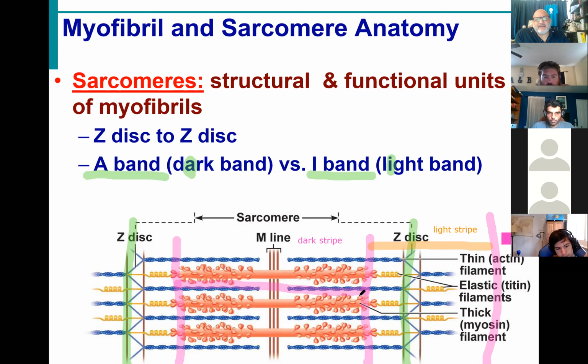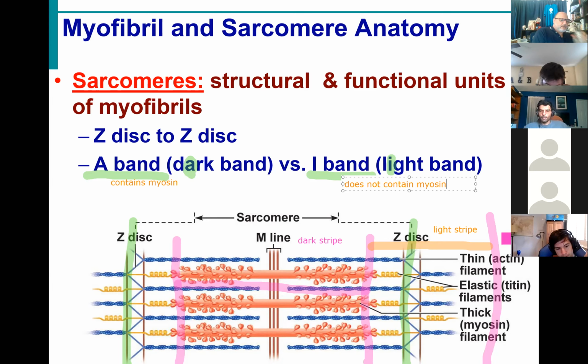So the A band is the dark stripe. And again, what makes it dark is it has the thick filament. This is the part that contains myosin. Whereas the light band, the I band, the light stripe does not contain myosin. And that gives us our stripes. So far, so good?